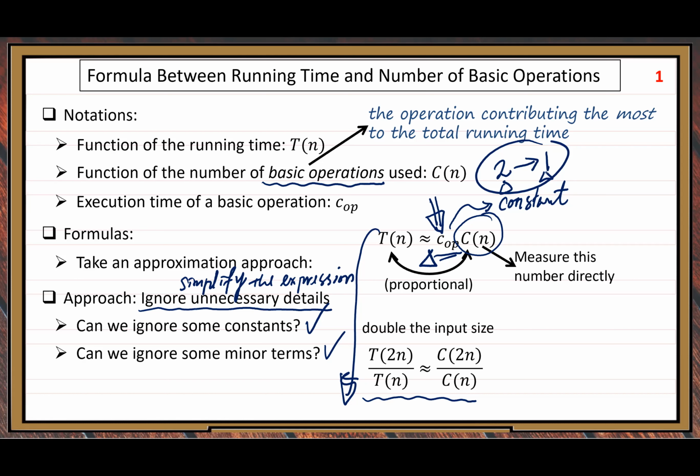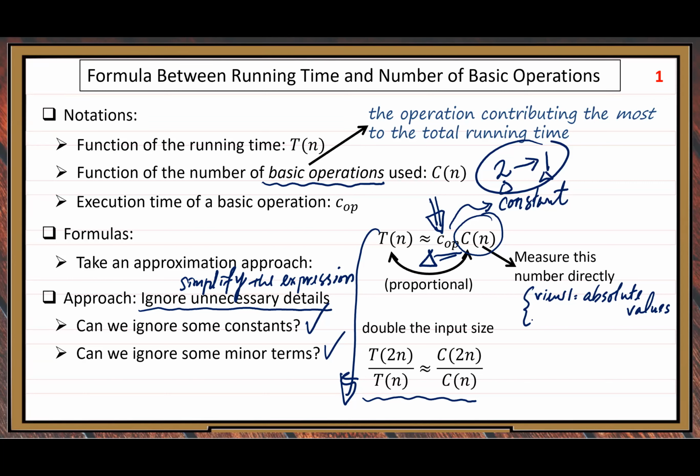Think about that. Here I changed the view from the original absolute values. Let's look at the thing from two views. View one is from absolute values: the T value, the C value, absolute values.